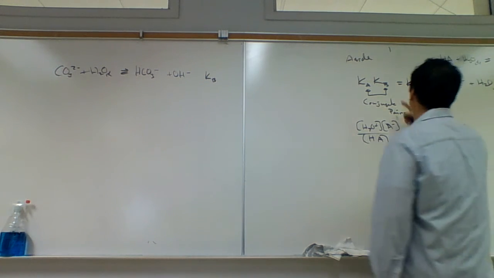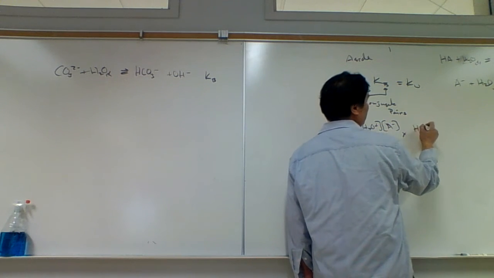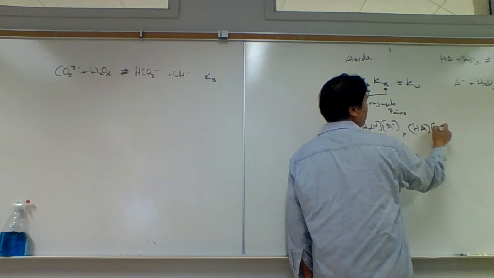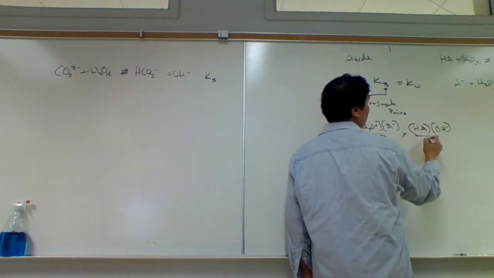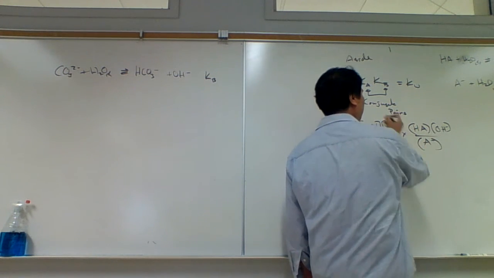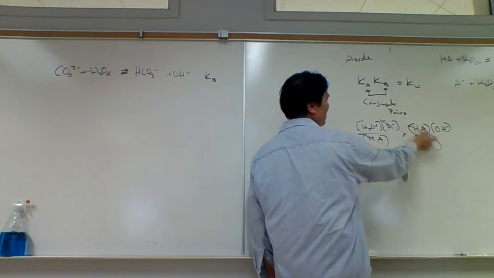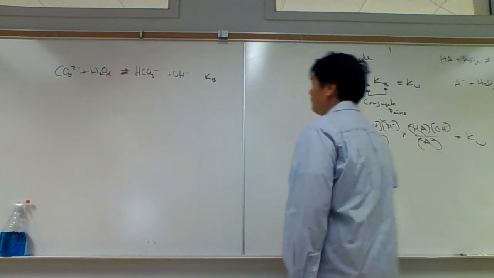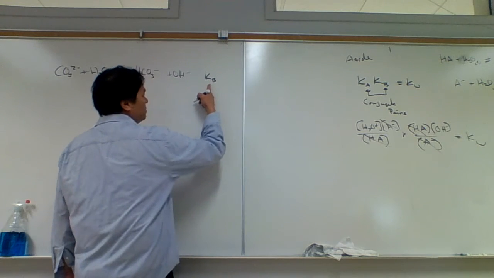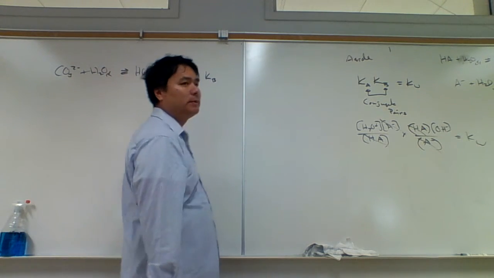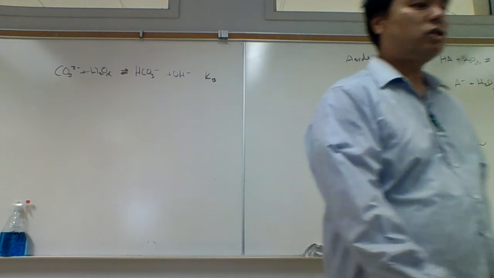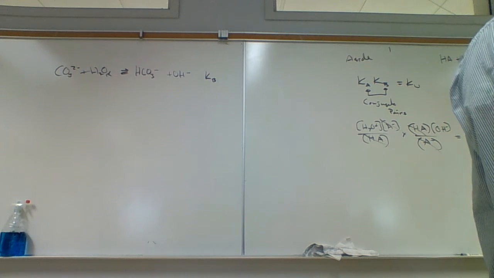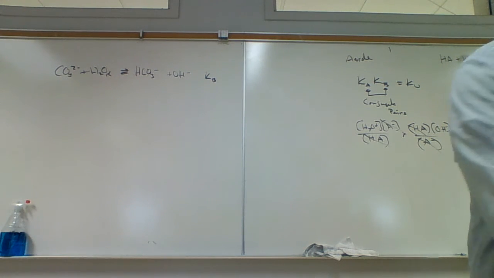And so the Kb is just going to equal the HA times the hydroxide divided by the A minus. If we look at this, the A minus cancels, the HA cancels, and that leaves us with hydronium times hydroxide, which is Kw. And so this means that typically there aren't two charts. There's only one chart, the Ka chart, and then you calculate all the Kb's that you need.